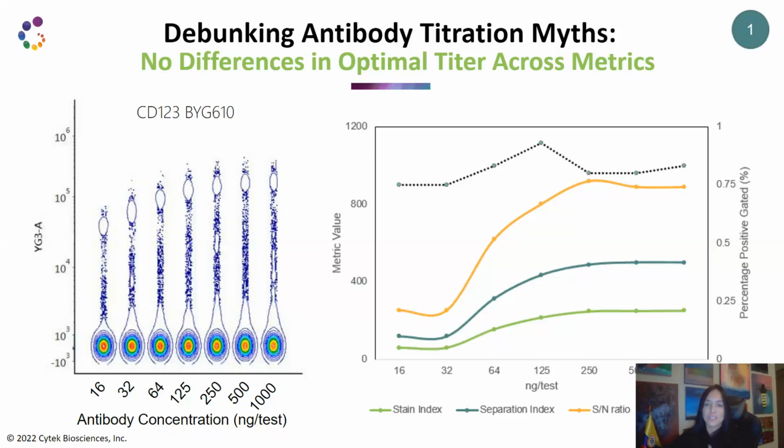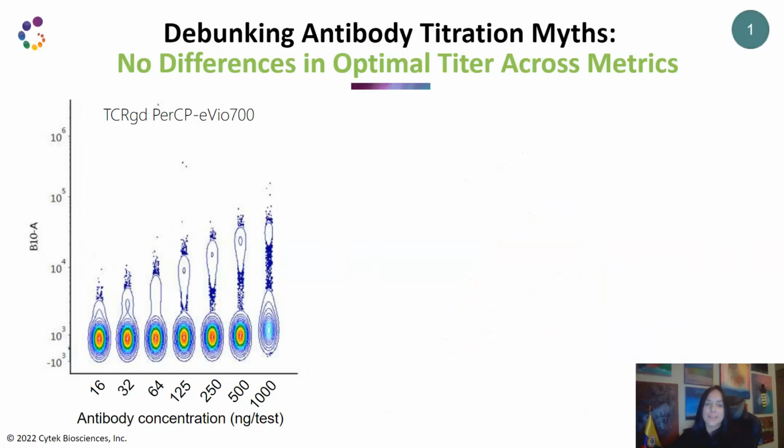But if we look at the metrics, the trends, the shape of those titration curves is very similar. For all of them, what we got is that 250 for this particular conjugate is the optimal concentration in terms of nanograms per test.